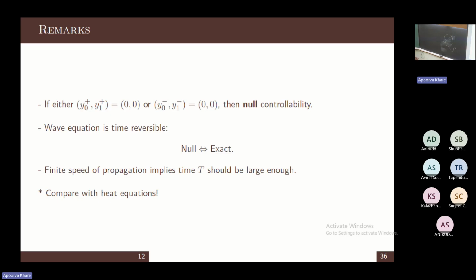That's why most of the times people only do null or approximate controllability for heat. Exact controllability is a very difficult problem, and very recently some results have been obtained, not for exact controllability, but for slightly like the best possible thing that you can do for the heat equation. And again, the heat equation has infinite speed of propagation, so there's no concept of time T being large enough. Over there, if it is controllable, it is controllable in arbitrarily small time.